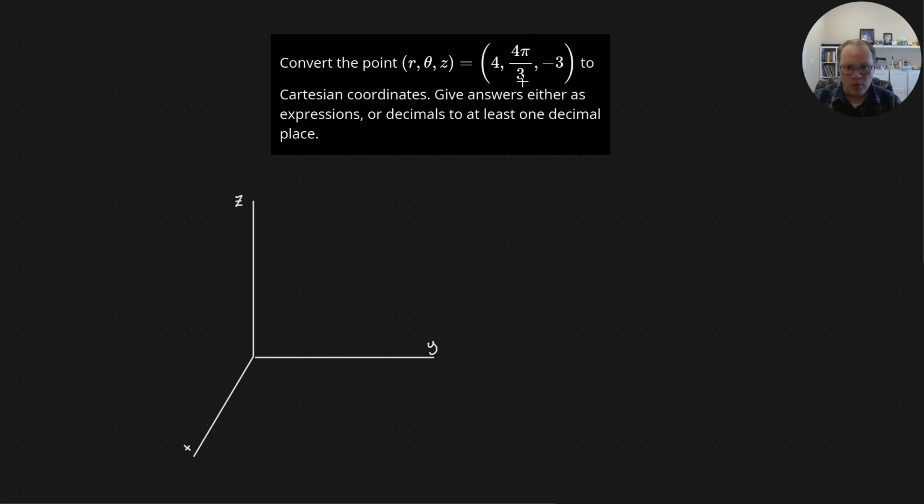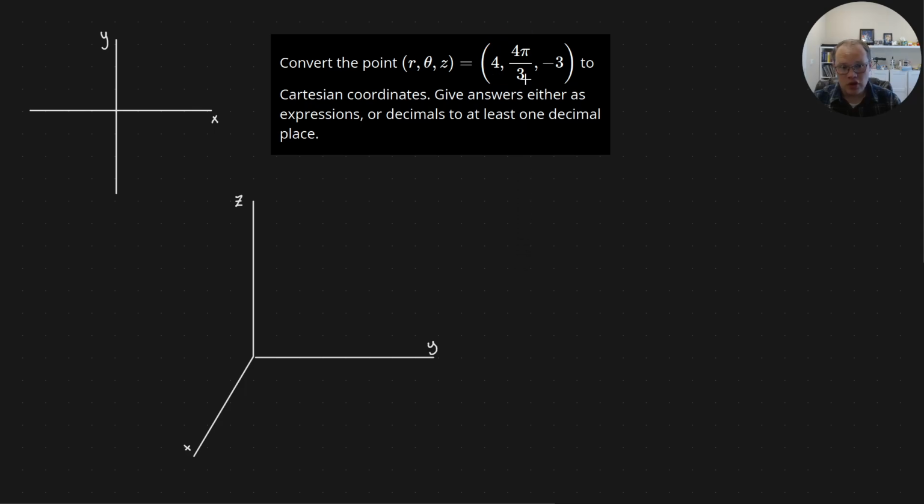Now, when I plot, I usually focus on theta first. That tells me the direction I'm pointing in. So 4 pi over 3. And I'm going to start by plotting these 2 points in actually just 2 dimensions. Let me draw them right here. I'll draw the x and y coordinates separately and focus on just my polar variables, 4 and 4 pi over 3.